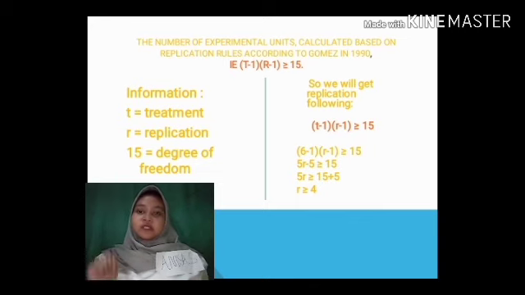T is for treatment, R for replication, and 15 for degrees of freedom. So we get the replication as follows: 6-1 times r-1 greater than 15, 5r minus 5 greater than 15, 5r greater than 15 plus 5, and r greater than 4.